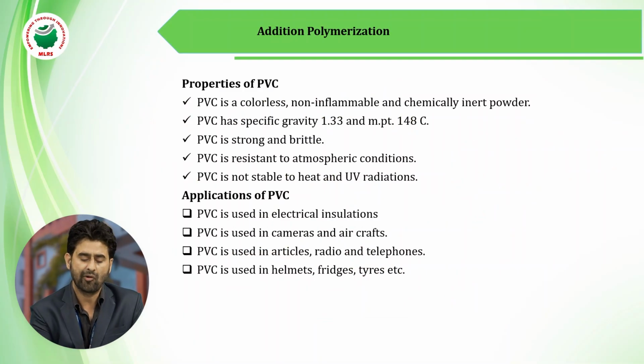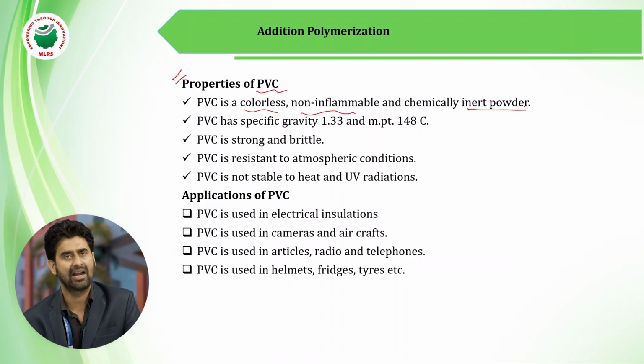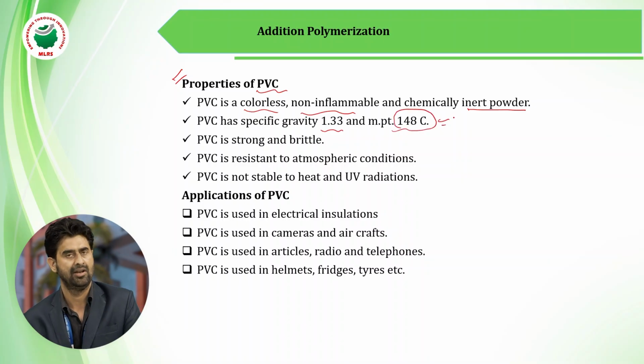What are the properties of polyvinyl chloride? Polyvinyl chloride is colorless, non-inflammable and chemically inert. The specific gravity of polyvinyl chloride is 1.33 and its melting point is 148 degrees centigrade.